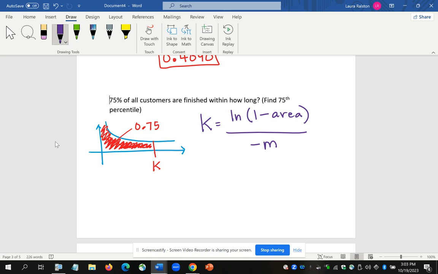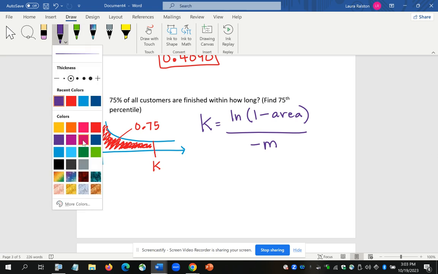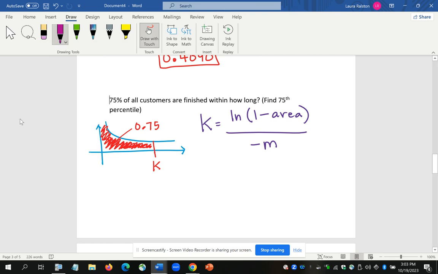So again, have the formula available when you're taking the midterm, when you're working on your homeworks. Okay, so here I would have k equals the natural log of 1 minus 0.75, because that was given, divided by negative 0.25. That was my decay parameter.